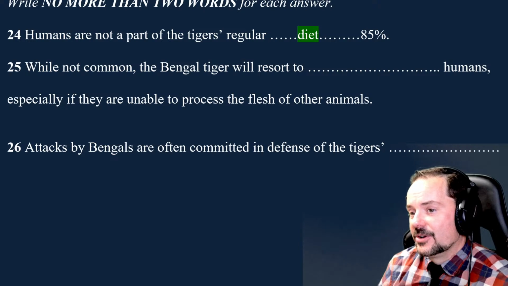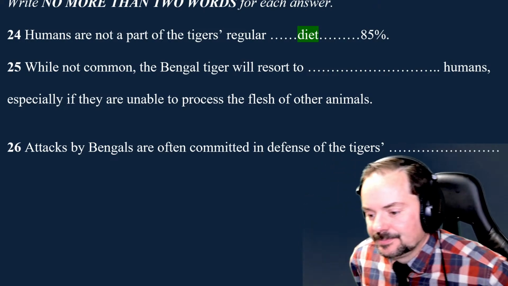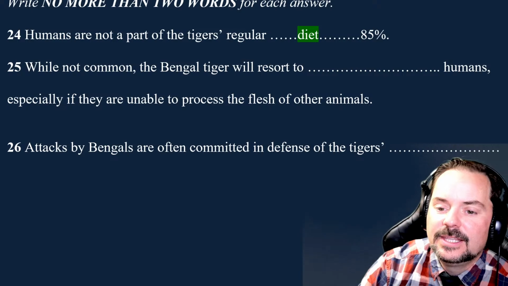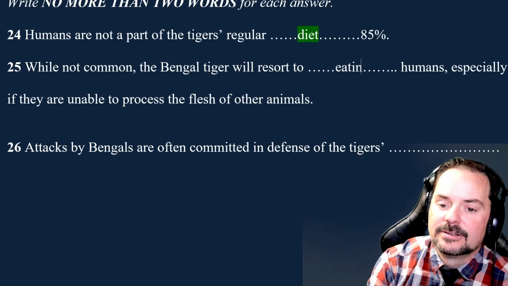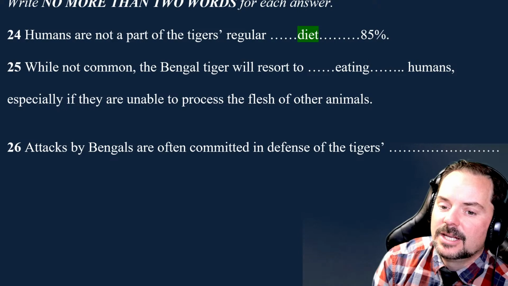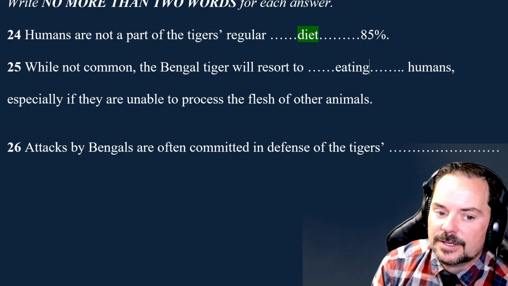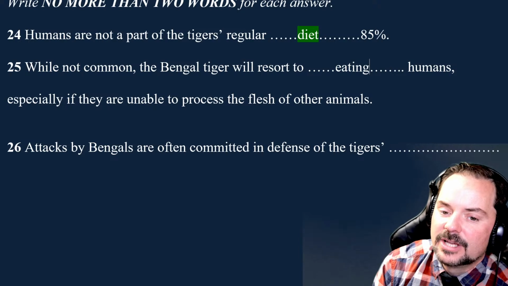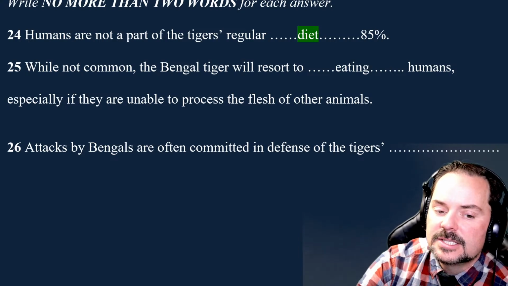So first the tiger attacks and then the tiger... yeah, Ariadna has the right answer. Eating, right? Eating humans, yes. While not common, the Bengal tiger will resort to eating humans, especially if they are unable. It's this second part.